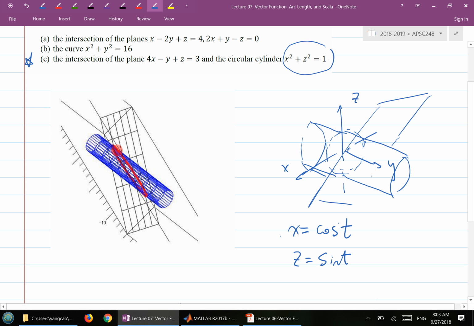Now remember what I said: the ellipse must satisfy both the plane and the cylinder.